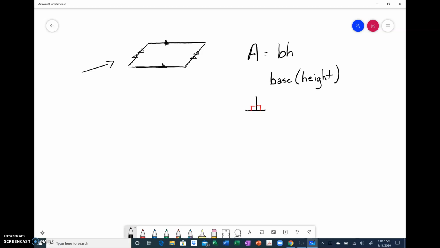So the height of a parallelogram is the perpendicular distance between the side whose length is the base and the opposite side. Let me show you how this gets confusing.